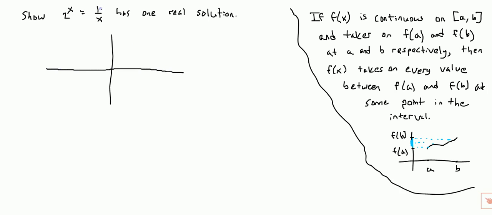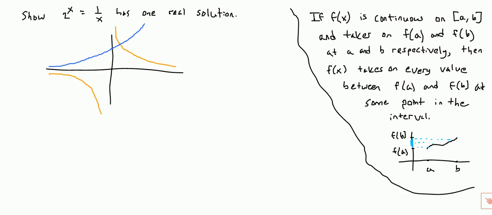So graphing 1 over x, that's a hyperbola, right? Looks like this. And graphing 2 to the x, if you know how to graph e to the x, then you know how to graph 2 to the x. They're very similar. Right? Starts out very close to 0, and it grows very fast.